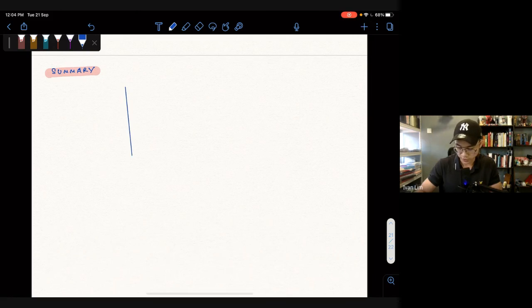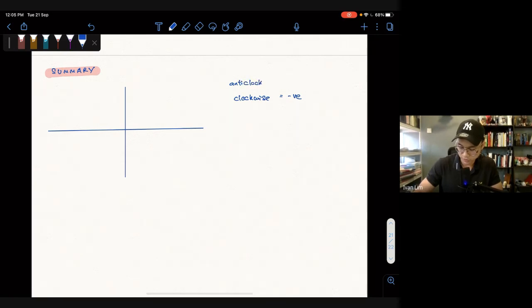So if we have an ASTC graph, let's draw this out. Going in the clockwise direction is a negative angle. Going in the anti-clockwise direction is positive. And normally we start here at 0 degrees.